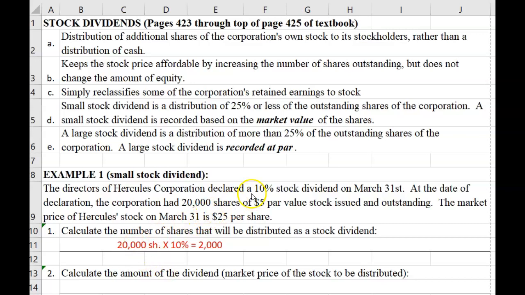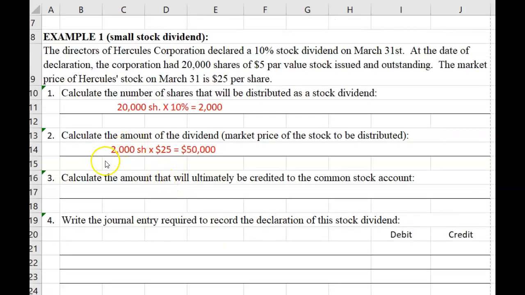So it's a small stock dividend, and a small stock dividend is recorded based on the market value of the shares. So the amount of the dividend is going to be based on the market value of $25 per share. 2,000 shares to be distributed at $25 market price per share equals $50,000 dividend.